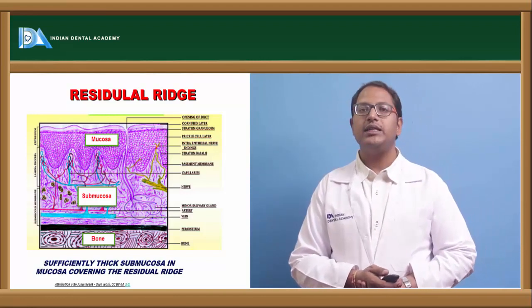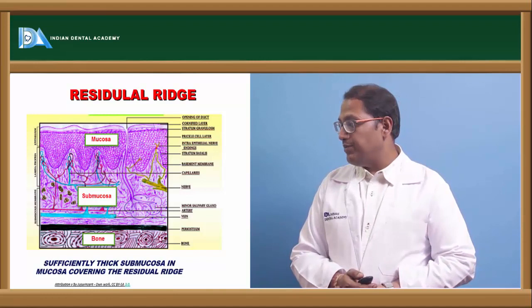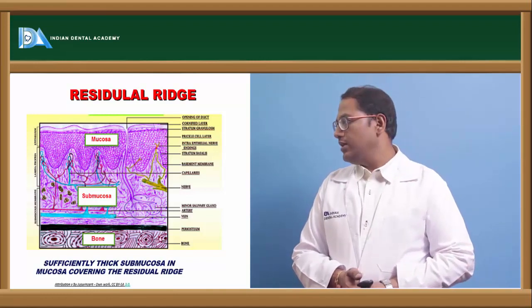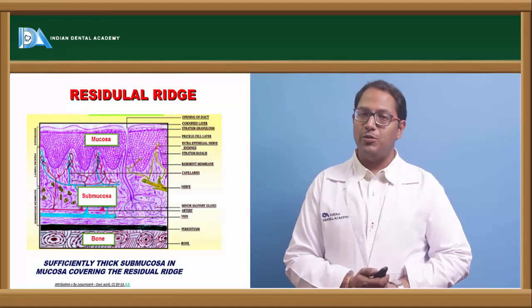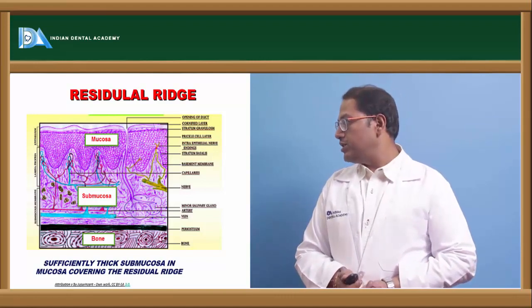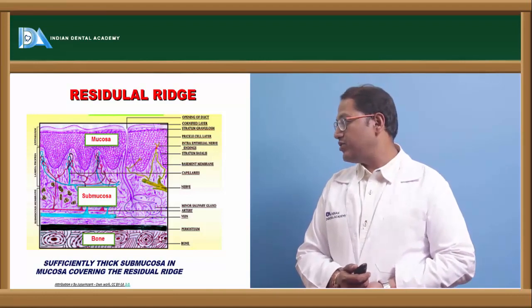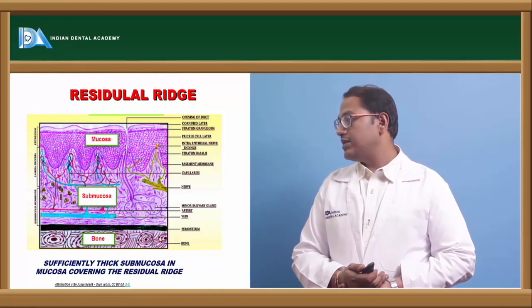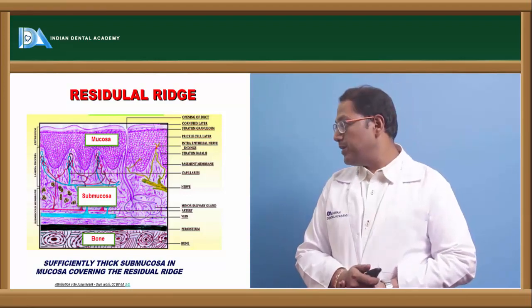Most importantly, a residual ridge has three basic layers: a mucosa, a submucosa, and the bone beneath it. Upon the bone there will be periodontium. On the periodontium there will be some salivary glands, minor and major salivary glands. Then there comes the submucosa. The ending of the submucosa to the mucosa is always with a basement membrane.